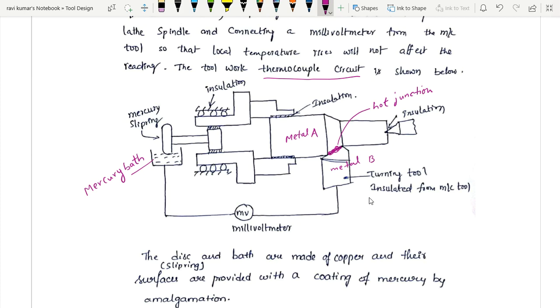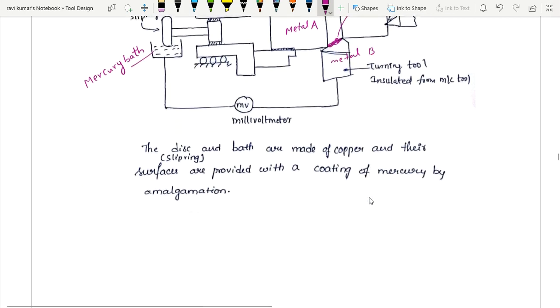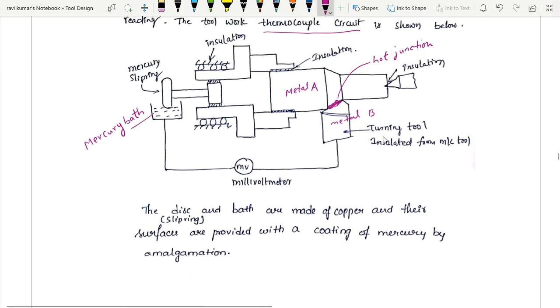So you have a disc. This we call a mercury slip ring, and we see there is insulation between different parts. On account of this arrangement, the millivoltmeter shows some reading, which is an indicator of the temperature of the hot junction, or once calibrated properly, it will directly indicate the temperature of this hot junction.